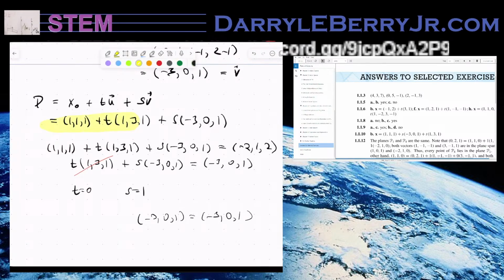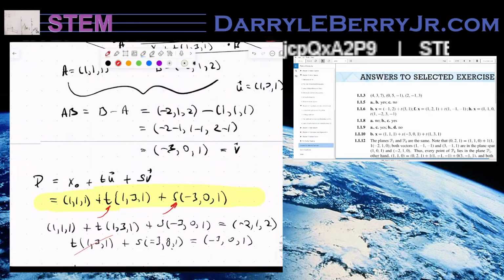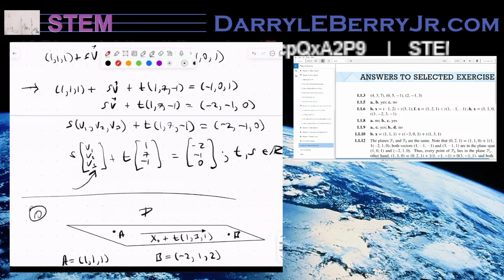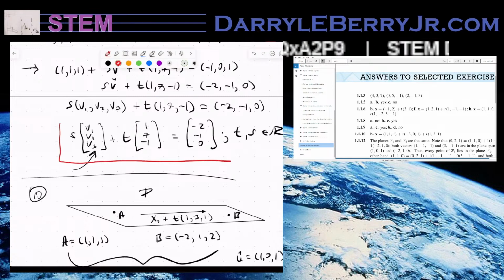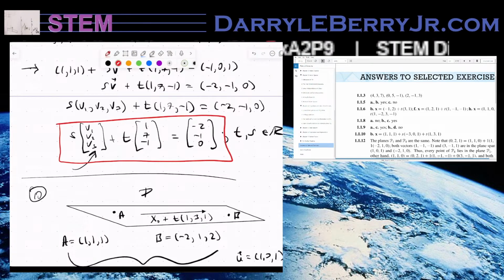So they have as the answer for the equation 1, 1, 1 plus S, -3, 0, 1 plus T, 1, 3, 1. Interestingly enough, they even use the same variable. Shows I'm starting to think like these book mathematicians, to judge whether that's a good or bad thing. So that would suggest that this one was an answer as well. The book doesn't show the answer for that one, but it is in the same exact form. It's just we don't know what that vector is.